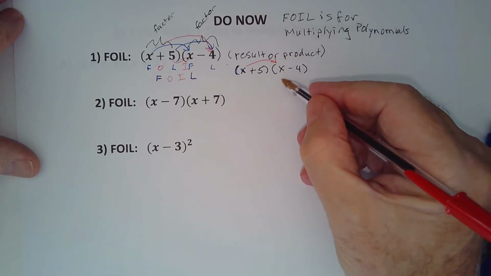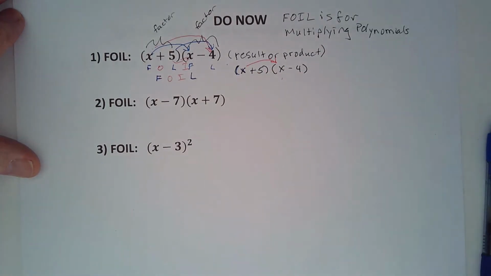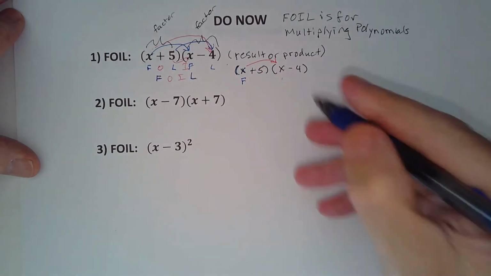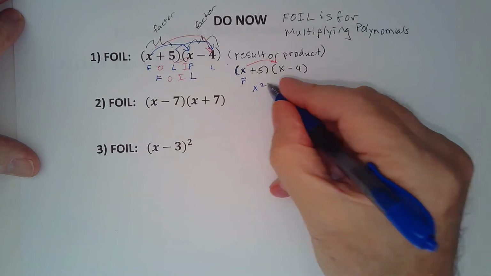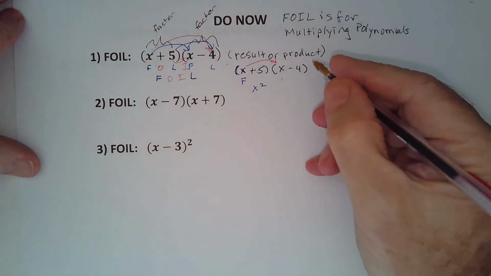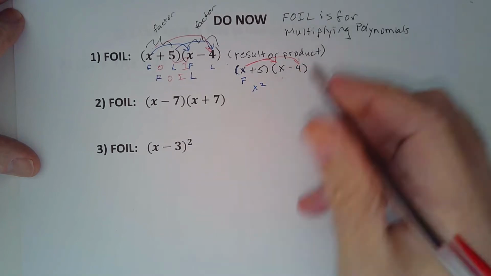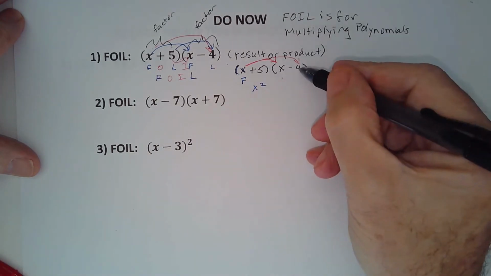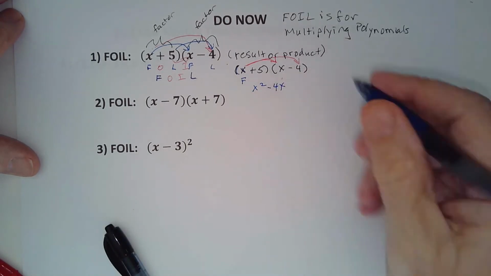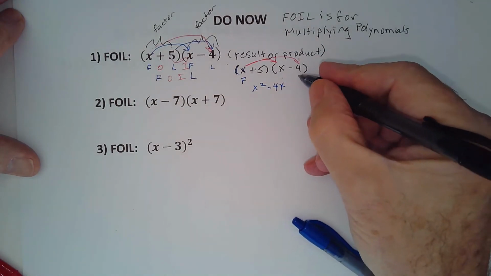So x to x, which is the first, I'll just do this once now, is going to be x squared. And then outer to outer. So outer to outer. And that's negative 4 times x, so that becomes negative 4x.